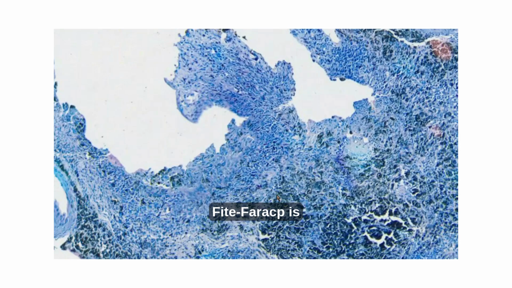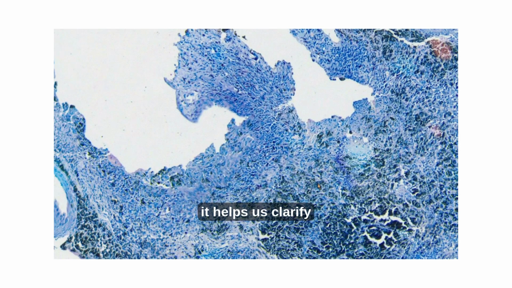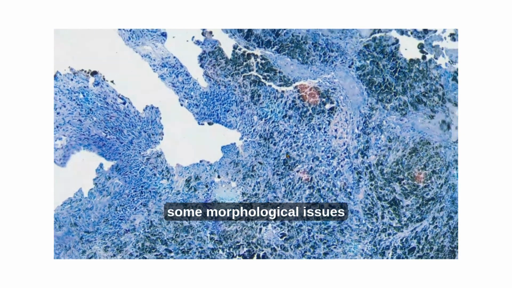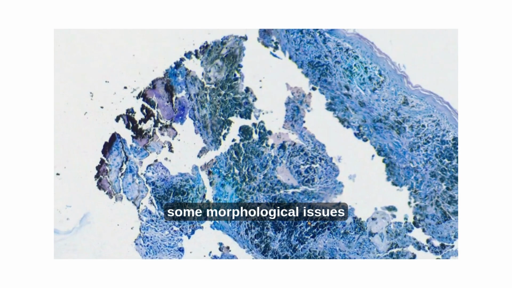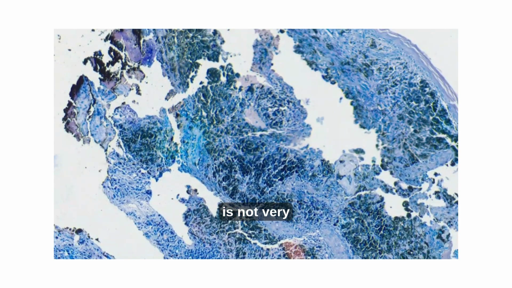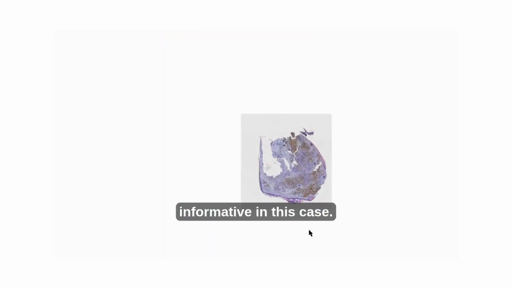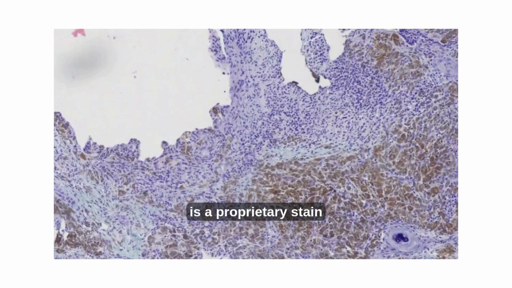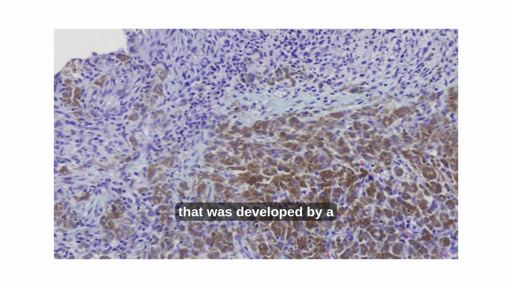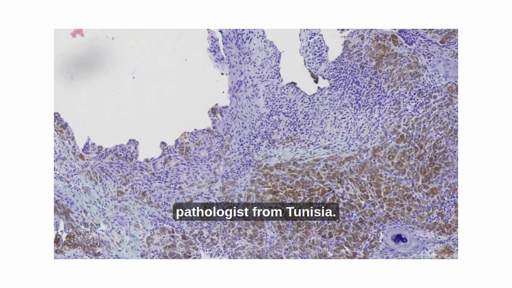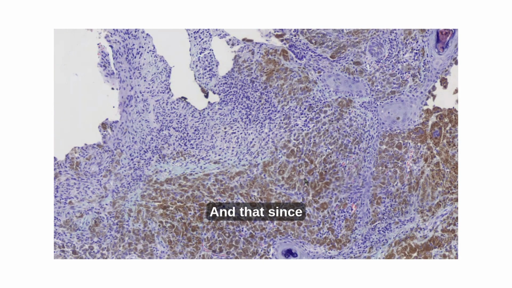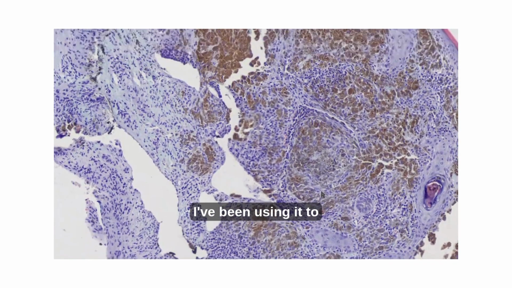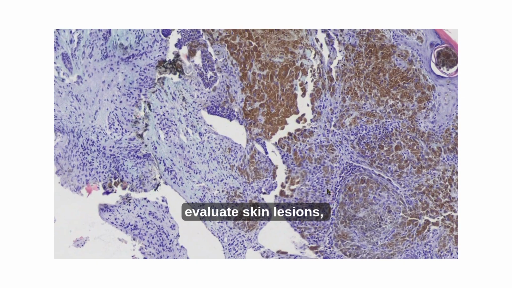The Fontana-Masson is also negative, but helps us clarify some morphological issues. It's not very informative in this case. A stain that is named HEA50 is a proprietary stain that was developed by a pathologist from Tunisia, and since almost 15 years I've been using it to evaluate skin lesions.